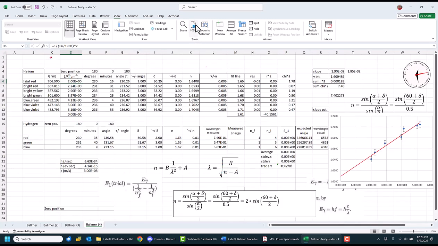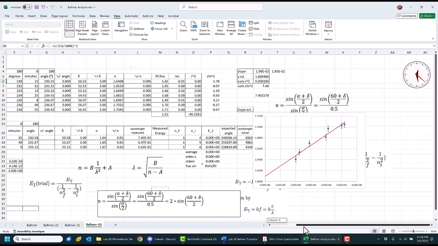And it only changes orders of magnitude. The only thing you have to do now is, so this number used to be 1.9 times 10 to the 10th or something like that. Just type in 1.9 times 10 to the minus 2. And that'll solve all your problems quickly. And then run solver on it. And then notice these work out correctly.